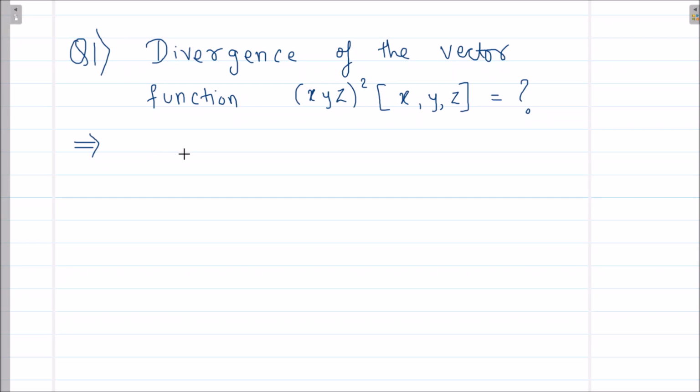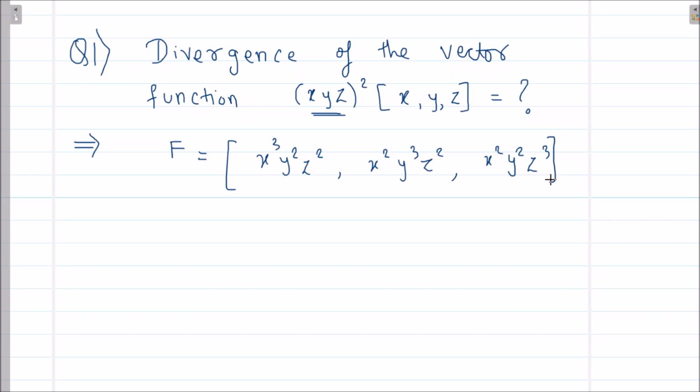Okay, so the first question is you have to find the divergence of the vector function or the vector field. So what is my f over here? It is nothing but, if I take this term inside, x cube y square z square, x square y cube z square, and x square y square z cube. Fine. And what is the divergence of a vector field?